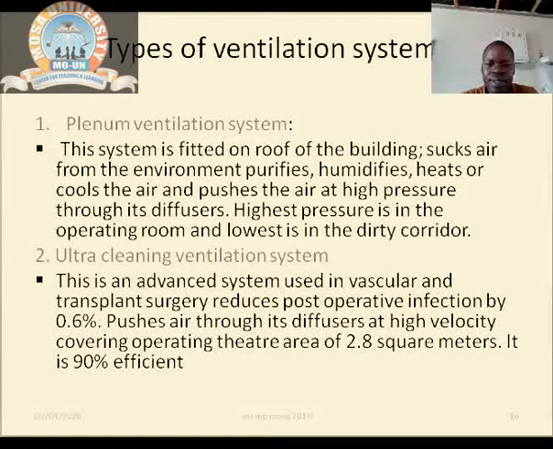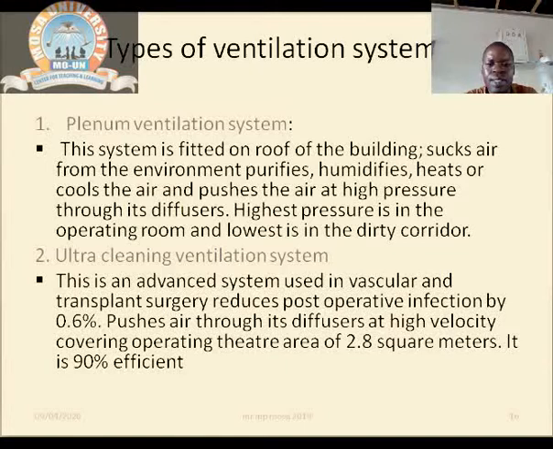This is an advanced system used in vascular and transplant surgery, reduces postoperative infection by 0.6%. So if you compare the plenum ventilation system and ultra cleaning ventilation system, you may see that the ultra cleaning ventilation system is an advanced system which is mainly used in special surgeries, which includes transplantation surgeries.